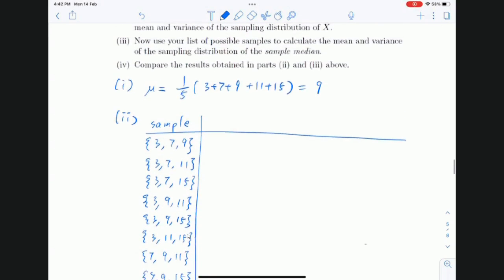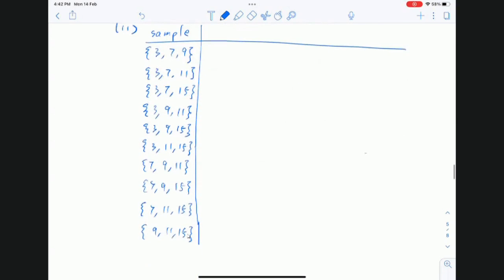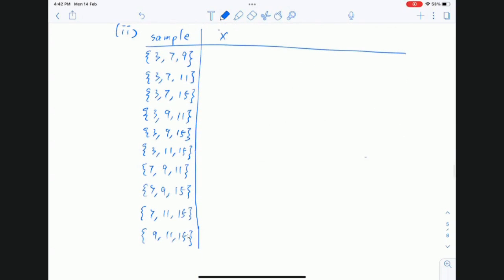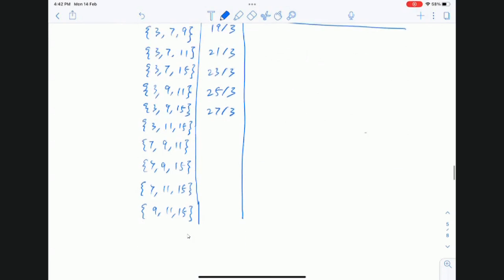Next, we are asked to calculate the mean and variance of the sampling distribution of the sample mean. So we can write down the value of the sample mean for each sample. The sample mean of 3, 7, 9 is equal to 3 add to 7 add to 9 and then divide by 3. And this will be 21 divided by 3, 23, 25. So these are just routine calculations.